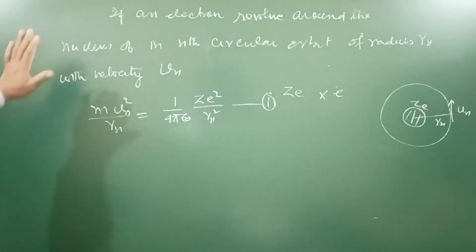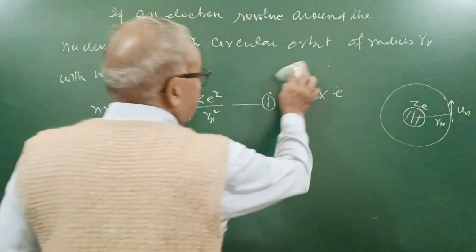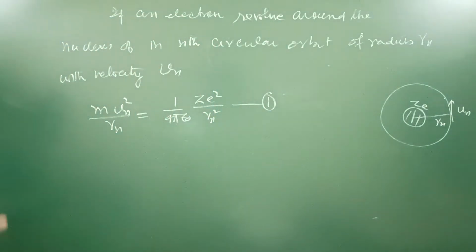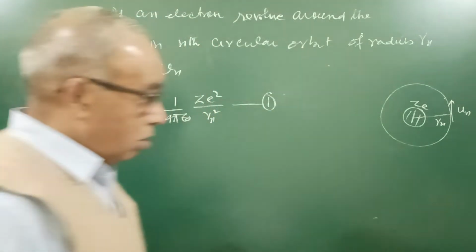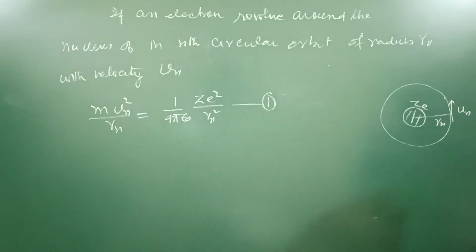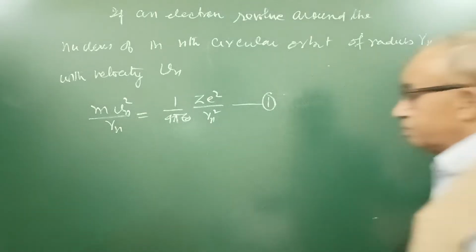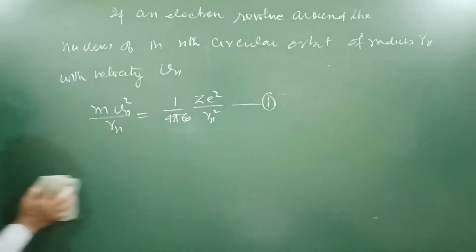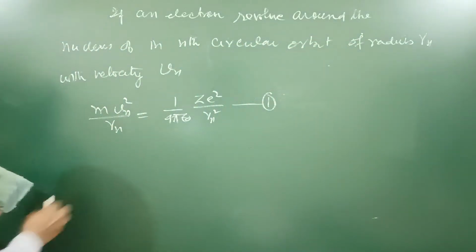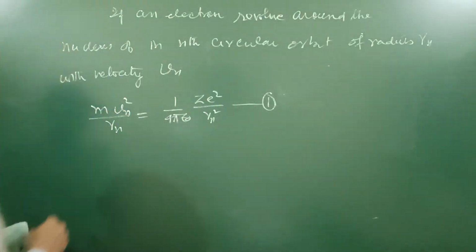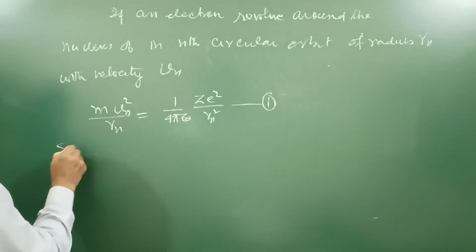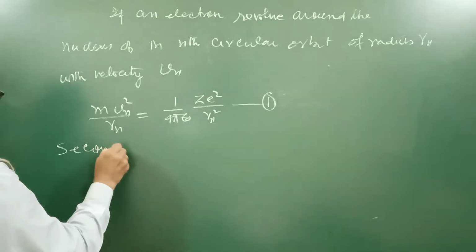I hope you will be enjoying my teaching of this topic. Actually, it is very simple, but it needs a little concentration. Now, what is second postulate? Please remember this equation one. m is the mass of electron here. Second postulate, interesting one.